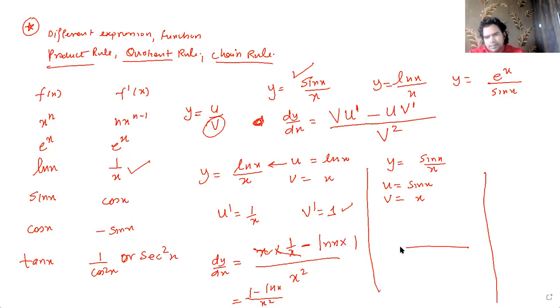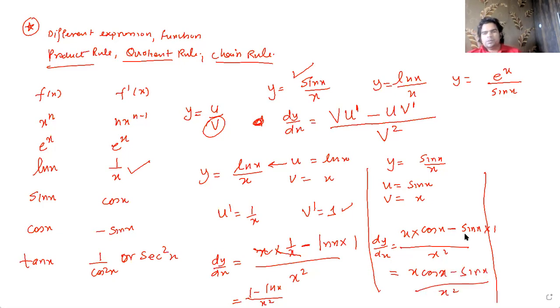So first, dy by dx will be v square in the denominator, so x square, x as it is, times derivative of sine x, which is u dash, cos x, minus u as it is, which is sine x as it is, times derivative of v, which is 1. So it'll become x cos x minus sine x over x squared.